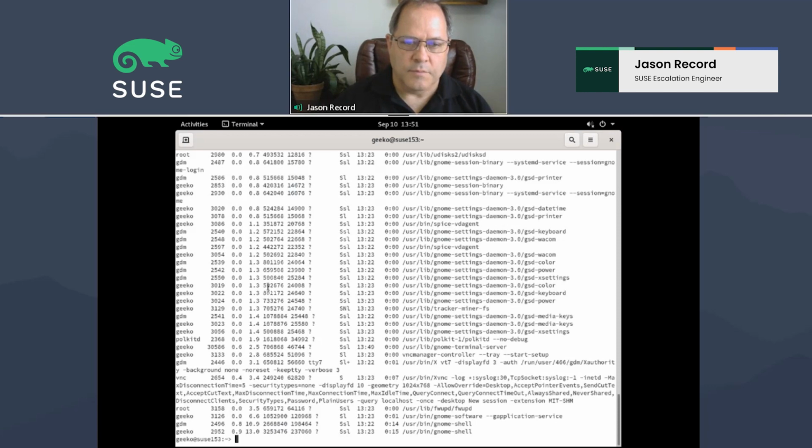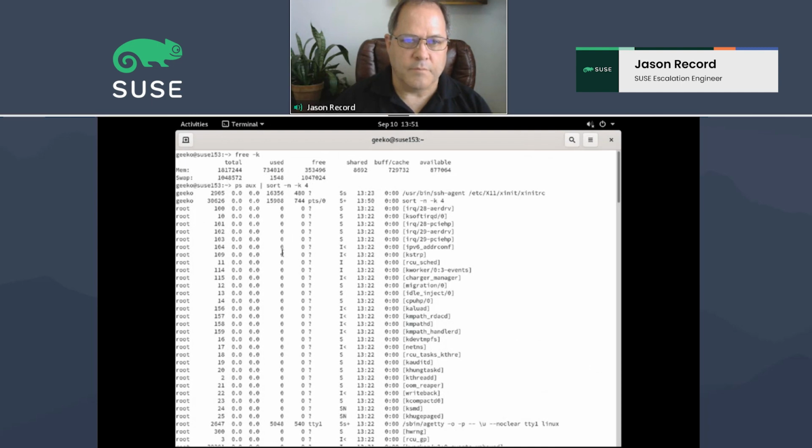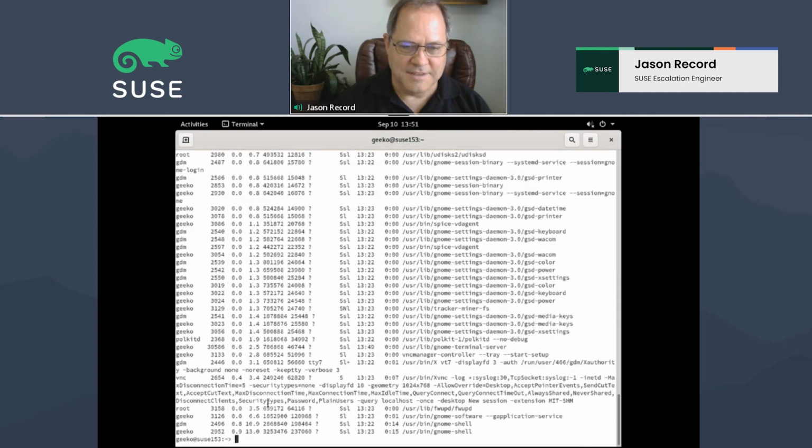So we'll see that this is the user, the process ID, the percent CPU utilization, and this fourth column is the percent memory used. We'll see in here that we've got two applications. This bottom one is GNOME Shell, which happens to be using the most memory, 13%. And its process ID is 2952.